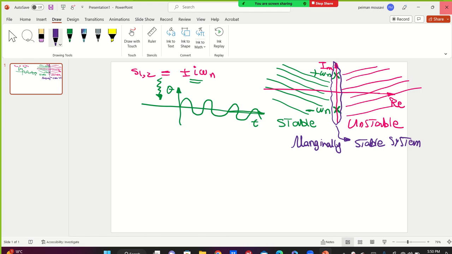It's not unstable, it's not stable. It's on the border of stability. So any system that has only pure imaginary roots or poles, as we're going to say later, your system is going to oscillate forever. Okay? See what I'm saying?